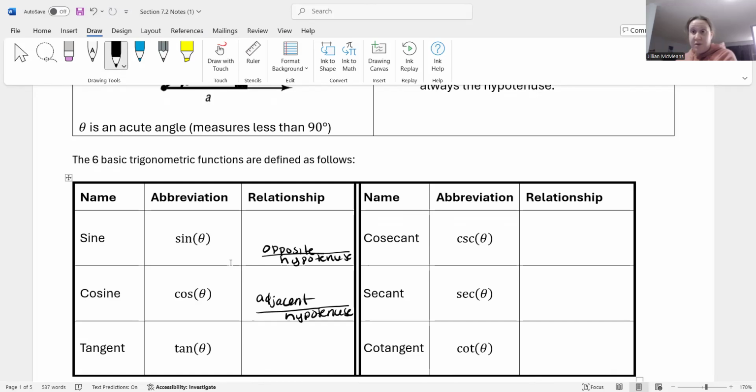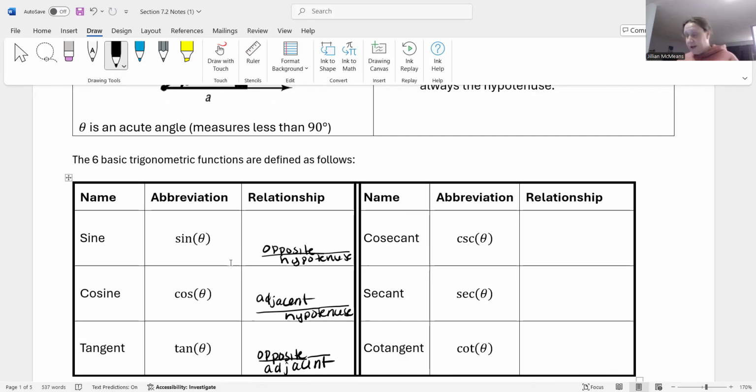I don't know what I've done with this table that makes it behave this way. Okay, now tangent, we just abbreviate that tan. So we have tan argument theta. So that means when we find the tangent of this angle, we're looking for a ratio of sides. And the ratio of sides is opposite over adjacent. Okay, so again, messy, but you get what I'm getting at.